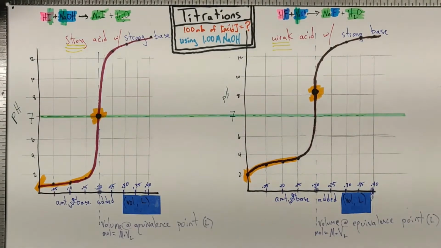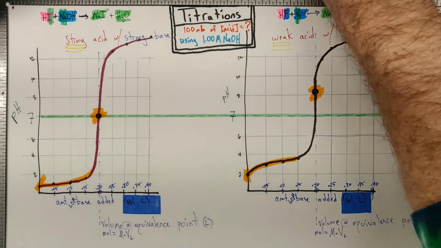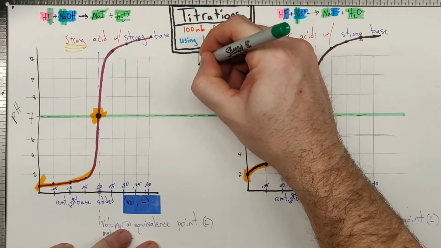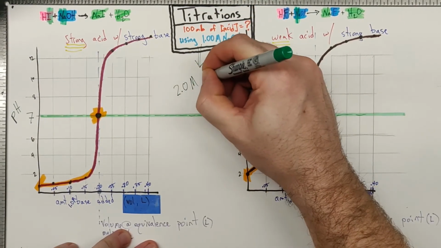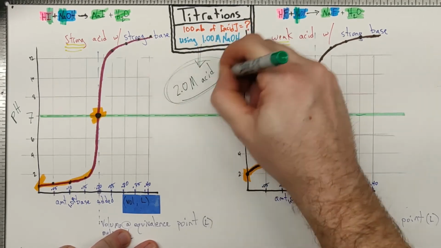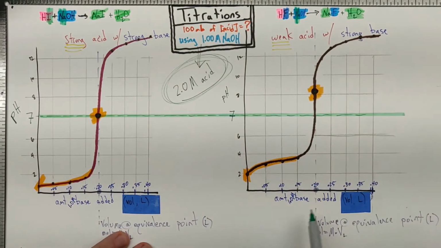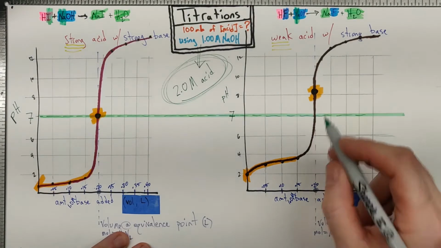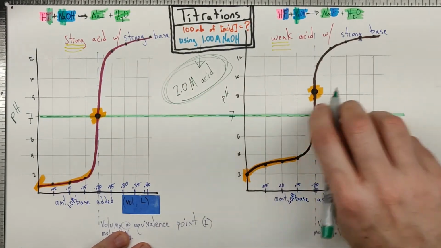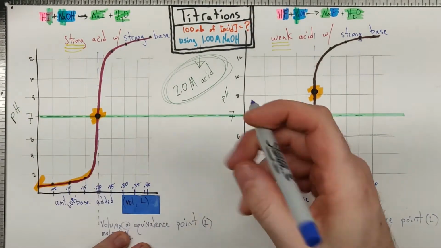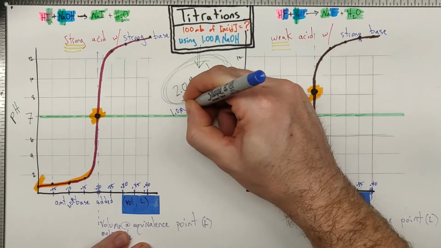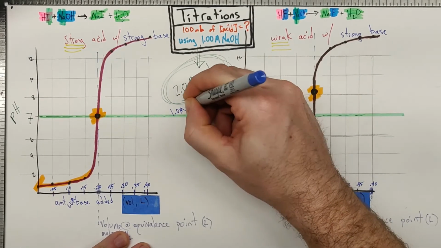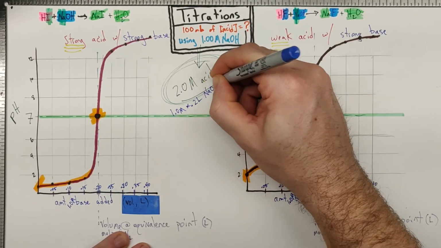So we should probably fill in this critical information that we just found. That is, we end up with 2.0 molar acid, because we had 1 molar times 0.2 liters for the NaOH.